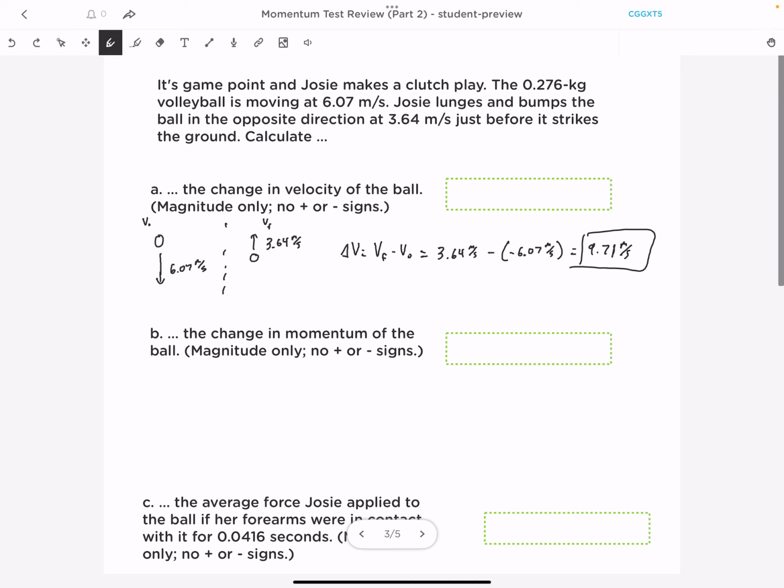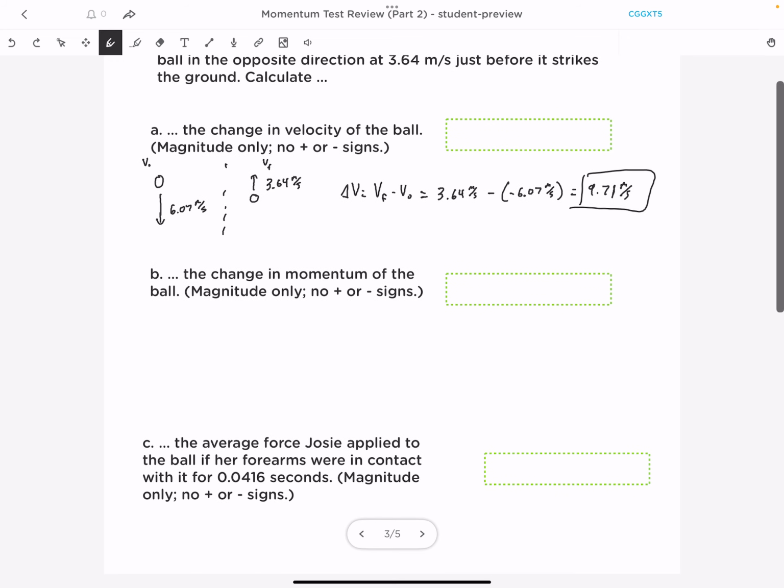So that initial part is a change of 6.07, and then it has an additional change of velocity of 3.64. So when you think about it that way, you understand that the total change in velocity is actually 9.71. But basically, you just look at the vectors. We know initially it's going down, then it's going up, and you just use the equation. So we have 9.71 meters per second.